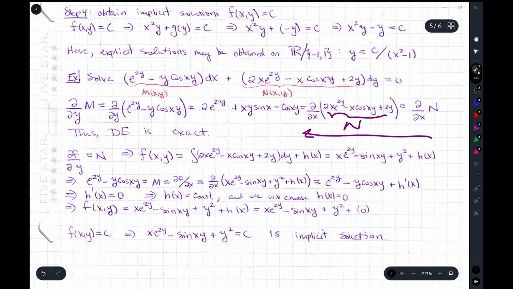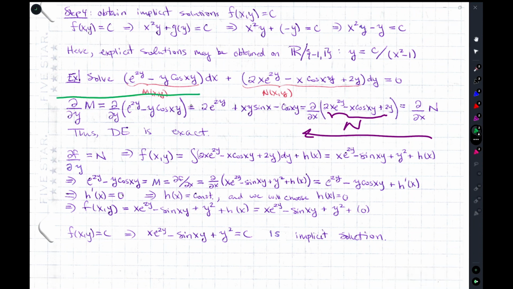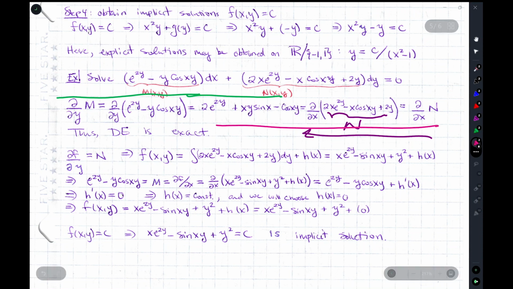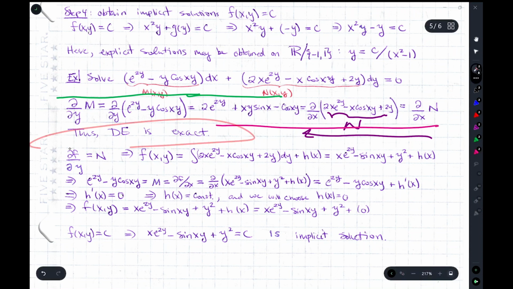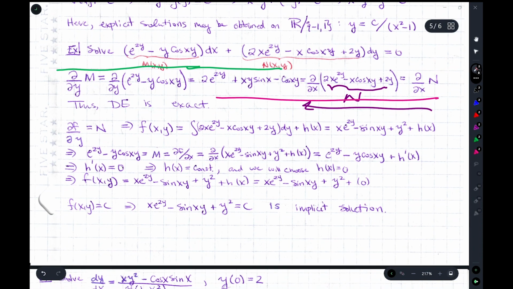I just wanted to write it all in one line. So we plug in N, and we end up back with this middle expression, right? So both of these, this here and this here, they both equal the same thing. And so this is an exact equation. We do have that these are equal.